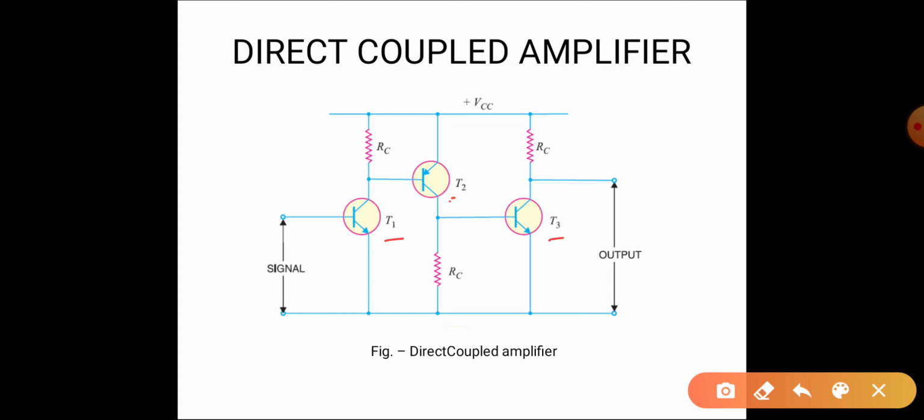So here this is a 3-stage direct coupled amplifier. You can design 2-stage direct coupled amplifier also. 3 transistors are used, 2 NPN and 1 PNP transistor. So here you will get the amplified output for low frequency signal.